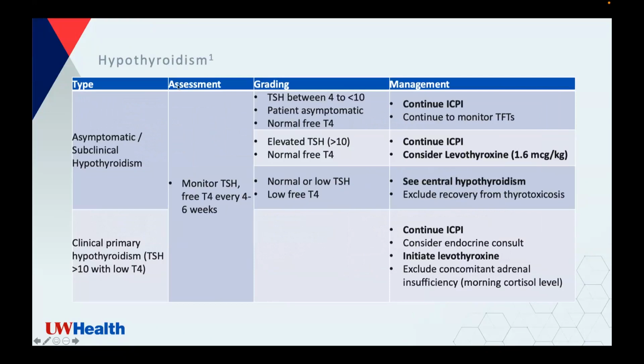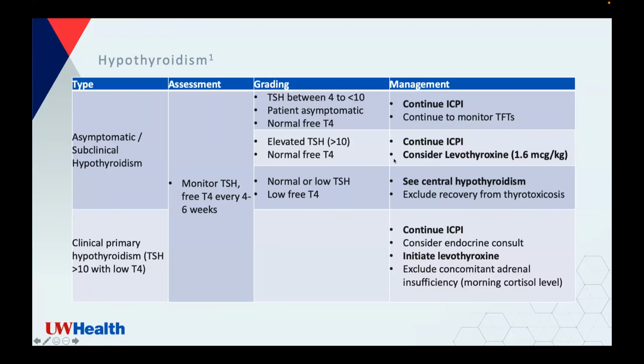Okay, so shifting gears now to hypothyroidism and the thyroid gland. We have asymptomatic subclinical hypothyroidism and then clinical primary hypothyroidism. For each of these, we're monitoring the TSH every 4 to 6 weeks. And then we're basing our therapy on the TSH levels and the normal free T4 levels. So for patients with TSH between 4 and 10, we're continuing ICPI and just monitoring our TFTs. If that TSH starts to become more elevated beyond 10, we're continuing ICPI and then considering starting levothyroxine at 1.6 mics per kg.